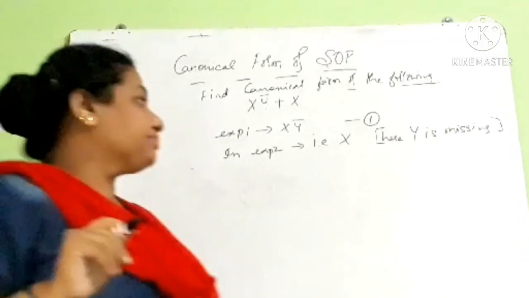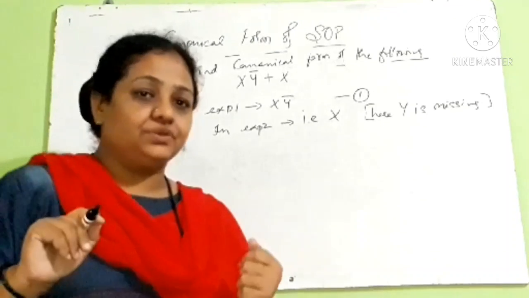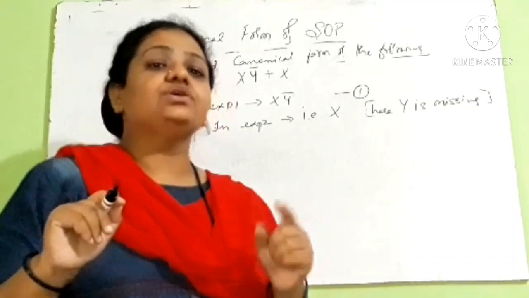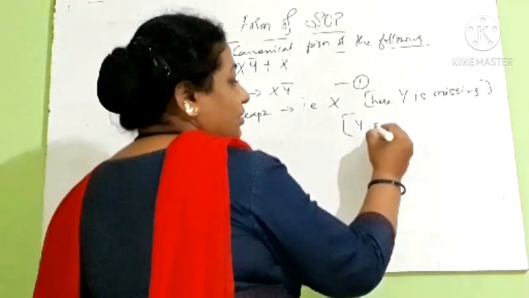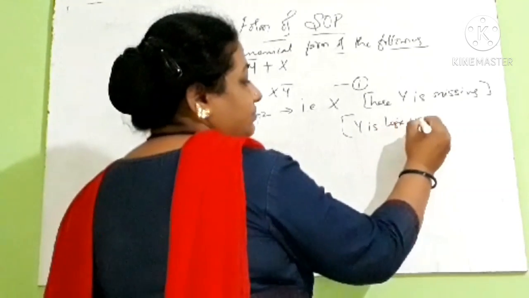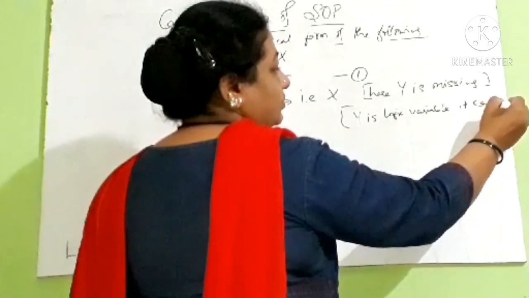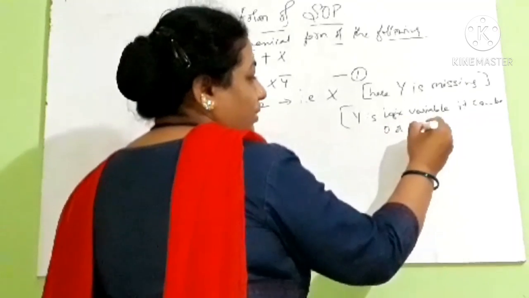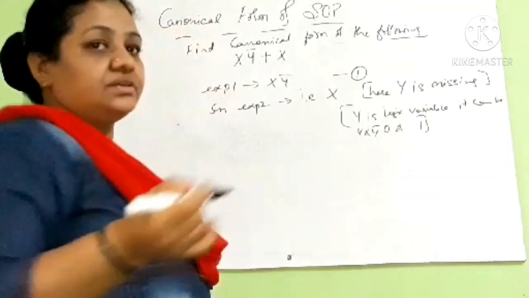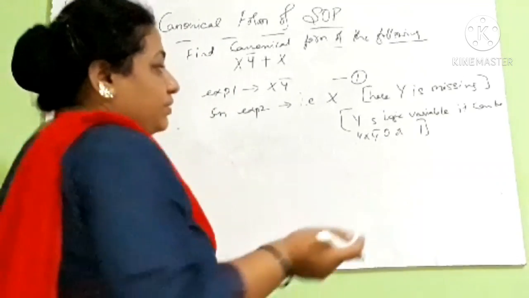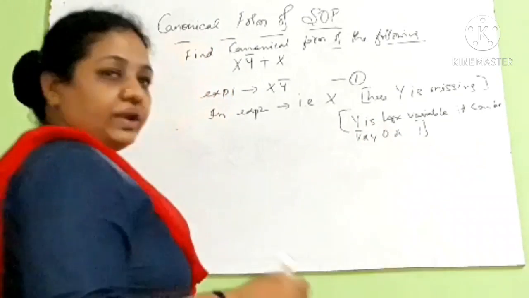Y is not there. As we know, y is a logic variable, it can be 0 or 1, that is y bar or y.